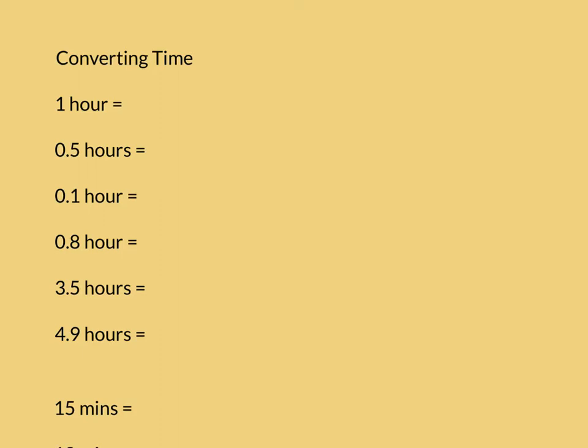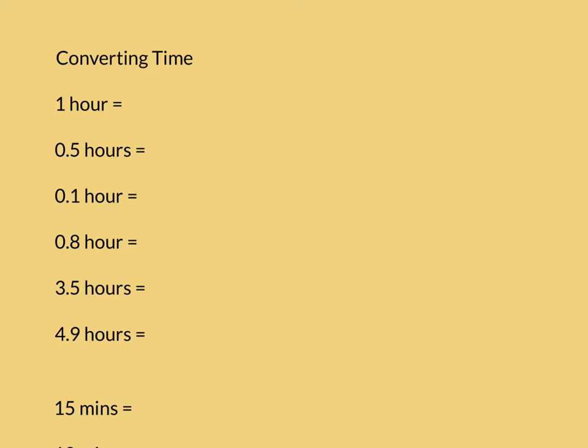There are not 10 minutes in an hour, there are 60. So when you do time calculations in a calculator, your calculator works in base 10. Time does not. So when you work with time in a calculator, you have to be able to convert it into hours and minutes when you get your answer.